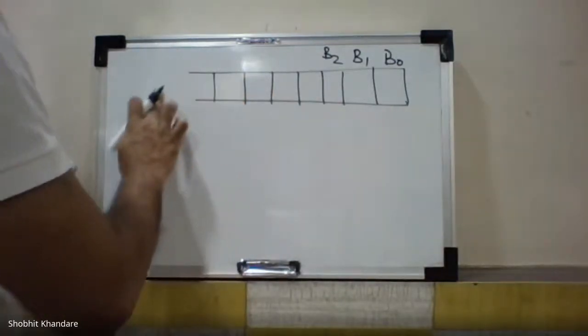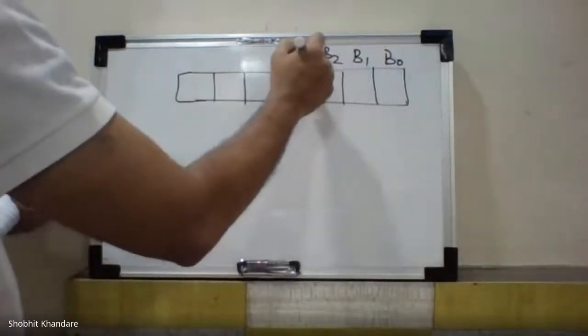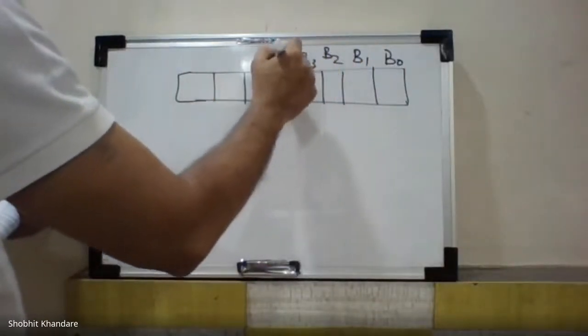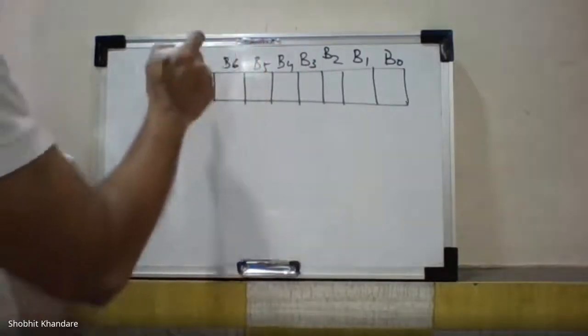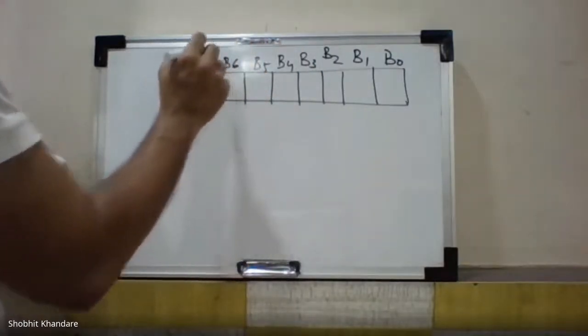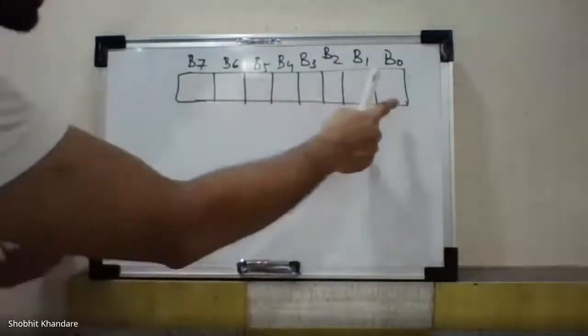So B0, B1, B2, this is B3, this is B4, this is B5, this is B6, and this is B7. Now we will see the significance of each and every bit.